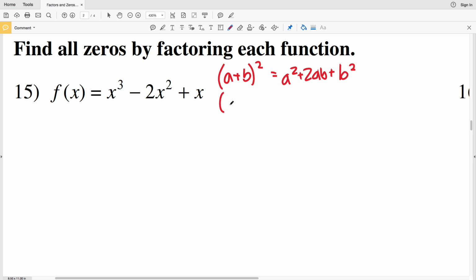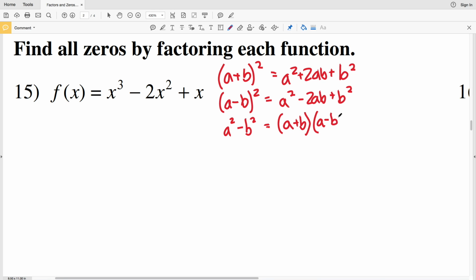We also have a minus b squared, which is equal to a squared minus 2ab plus b squared. Next, as far as with a degree of 2, there's a squared minus b squared, which is equal to a plus b times a minus b.